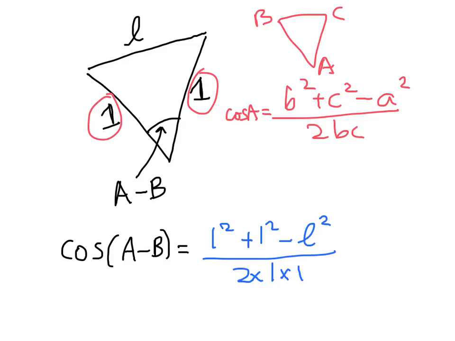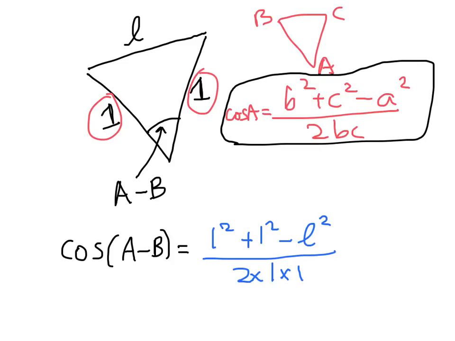Okay, so going over that again, my basic cosine rule is here, right? And it says I can get the cosine of this angle here by taking the squares of the other two sides, adding them together, subtracting off the opposite side to the angle we're interested in, then dividing by 2bc. So now we're translating that to our problem.